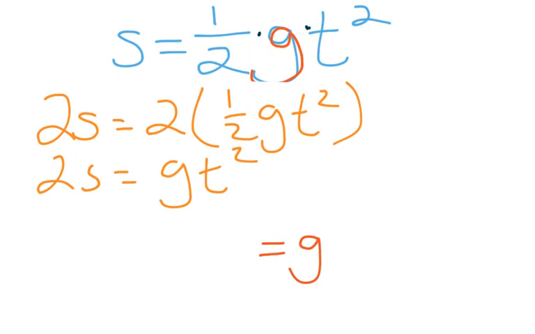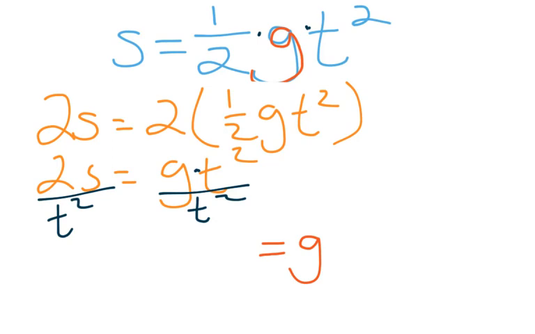Next step in getting the g by itself, we need to go back to this piece of information. I still got this t squared there. I don't want that t squared there. That's a bummer. But the t squared is multiplying the g, and I know that I can undo multiplication by dividing. If I'm multiplying by t squared, then I will divide by t squared.